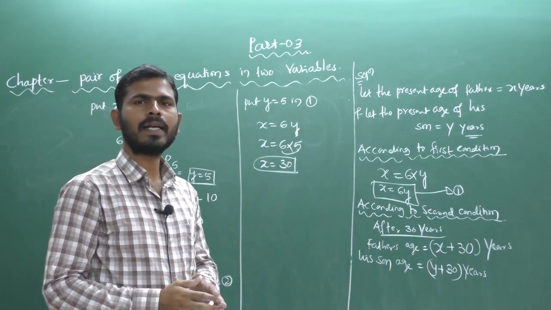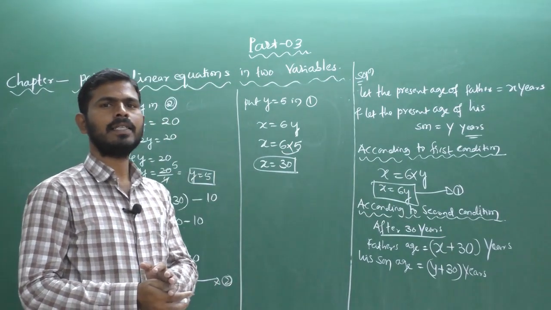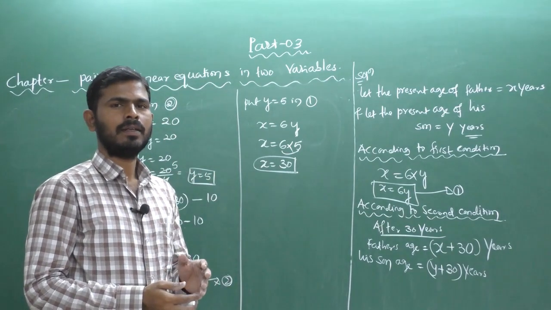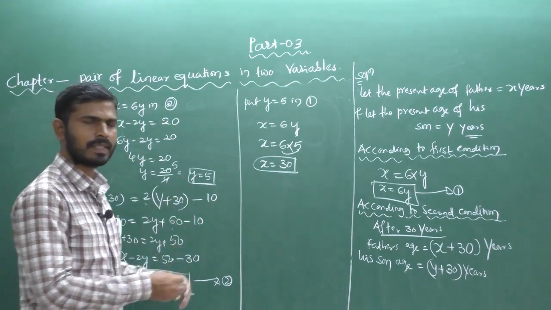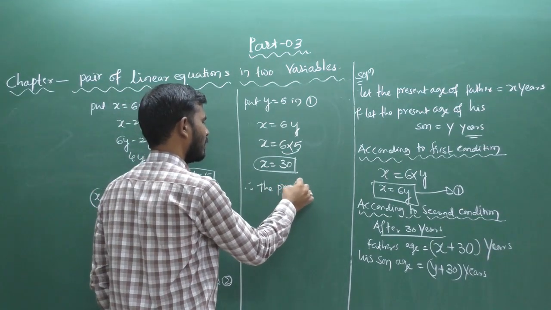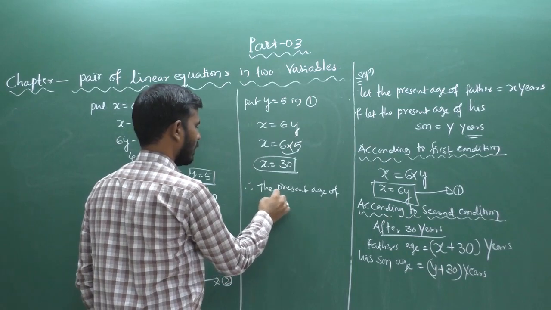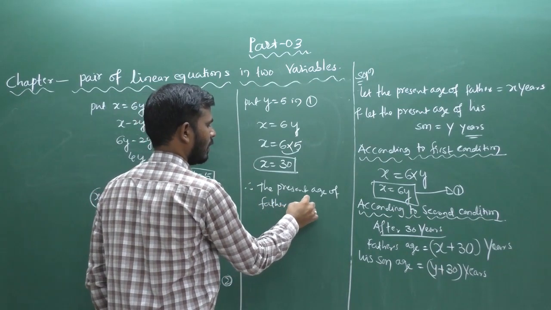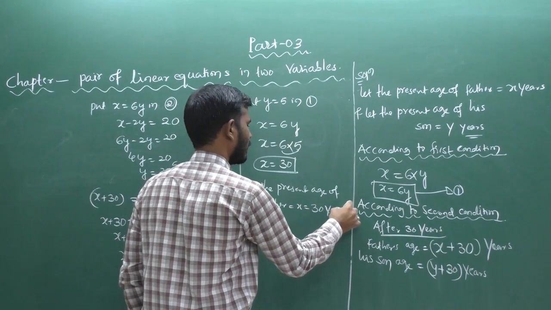But now you require the answer: after how many years the son's age becomes half of the father's present age. So now you write the last sentence here. The present age of father equal to x, that is 30 years.